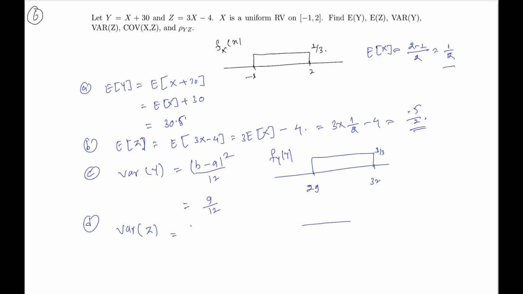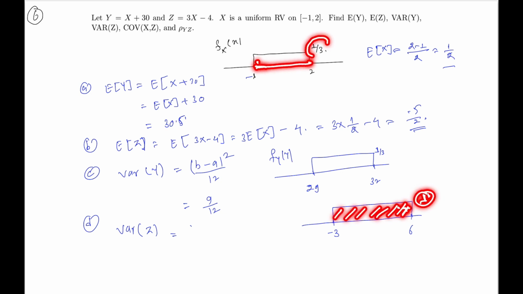If you scale on the x-axis, minus 1 will be minus 3 and 2 will be 6, and you will have a uniform distribution. Since you have scaled the x-axis, you also need to scale the y-axis so that the overall area is 1.